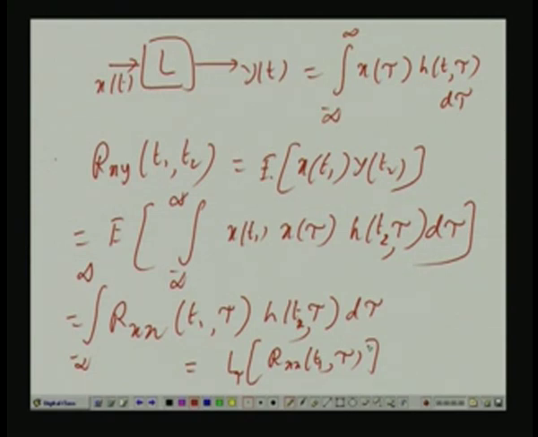The system evaluates output at a time t 2. So, that means this function should be multiplied by h t 2 comma tau, integral with respect to tau, that will give you the output at t 2. That output will be a function of t 2, and also this t 1 will carry, because t 1 is given as a parameter from the beginning. So, it will be a function of t 1 comma t 2.